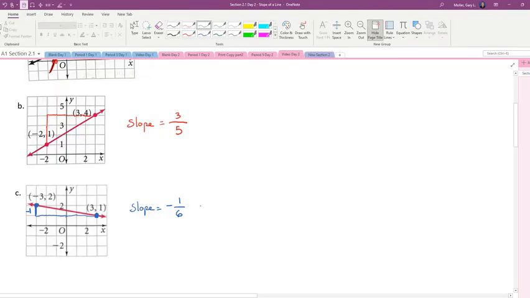Negative 1 divided by 6 is the same thing as 1 over negative 6, but really it just means negative 1/6. When it went down 1, positive 6, I just treated the whole thing as negative, because one negative makes it negative. It's pretty simple as long as you keep straight that we're looking for the vertical change over the horizontal change, and pay attention to up or down. So my slope is negative 1/6.